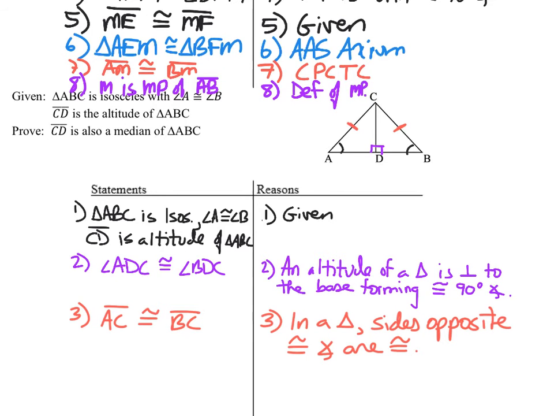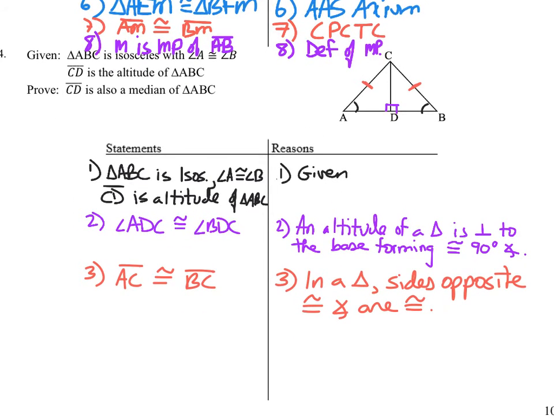All right, so now I need to make a statement of congruence for the triangles themselves. So I can say that triangle ADC is at long last congruent to triangle BDC. And this is going to be because of the AAS axiom.